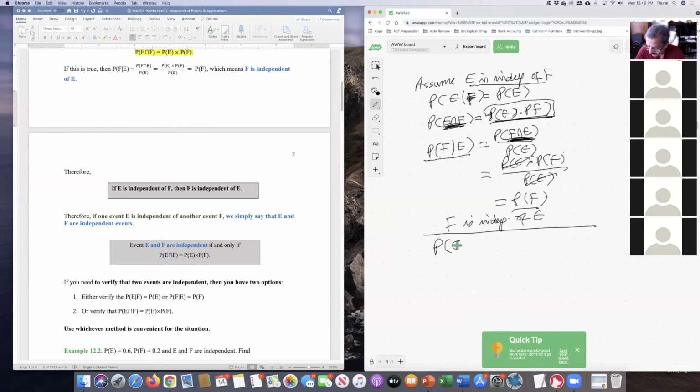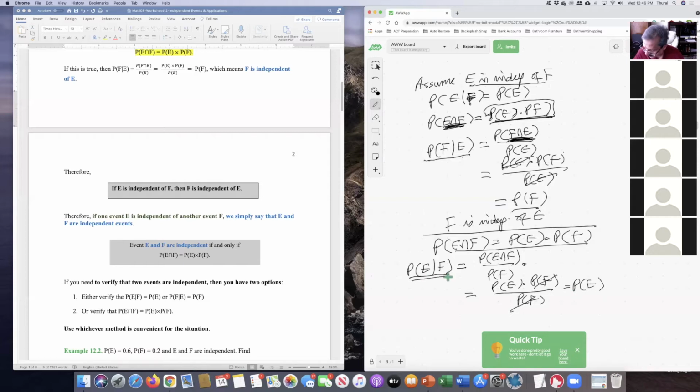So this is given to you: probability of E intersection F equal to probability of E times probability of F. I want to show that if this is true, then E is independent of F. To show that, I need to take a look at probability of E given F and show that this is equal to probability of E. I'm going to apply the formula for the conditional probability, which is E intersection F over probability of F. And now we know that this is true, so I can replace the E intersection F with probability of E times probability of F. So the F part cancels out to give you probability of E. I have just proved that probability of E given F is equal to probability of E when this is given.